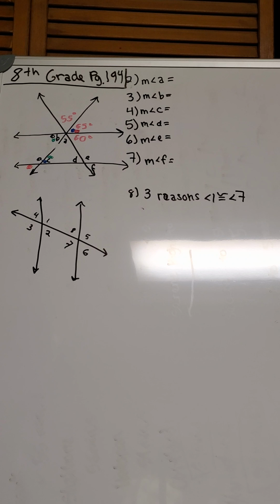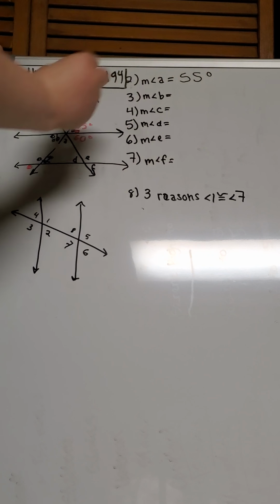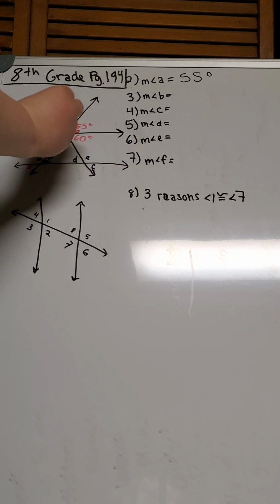Vertical angles are the angles directly across from each other when two lines intersect. So if this angle is 55 up here, this angle down here must also be 55 degrees. So for answer A, you should have gotten 55.